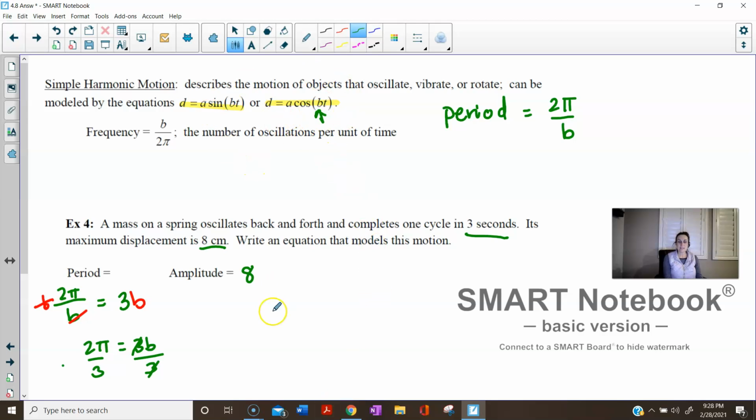So now let's just take this formula, and you can use the sine or the cosine. It doesn't matter. I'll just use the sine.